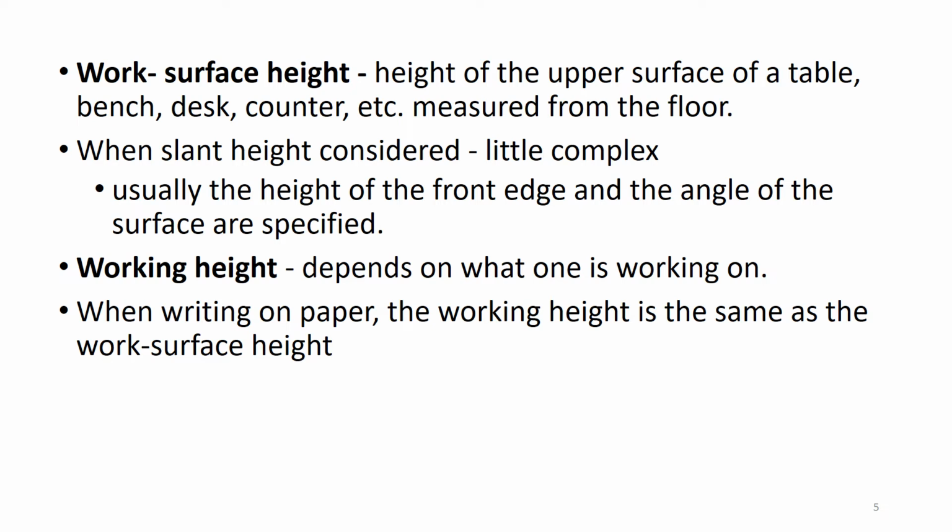The second aspect, the working height, is dependent on the worker. It is nothing but the height at which one is working. For example, if you're writing on a paper, the working height is the same as the work surface height. So in certain types of tasks or activities, both work height and work surface height become the same.